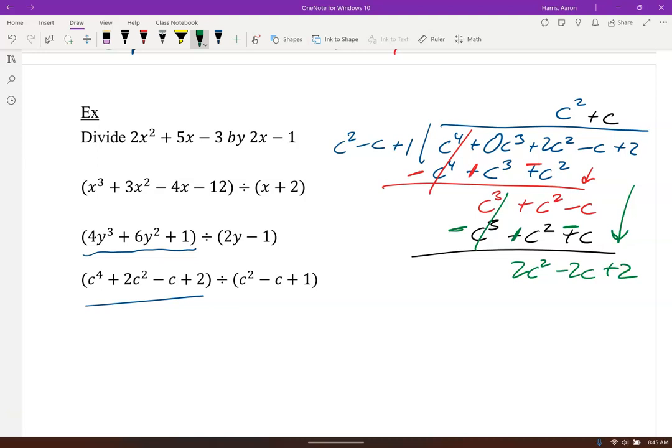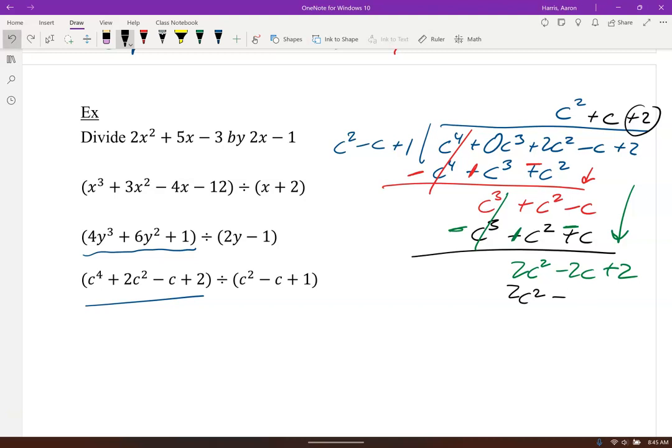Now we're matching 2c squared. So it's what times c squared gives me 2c squared? You should say 2. Multiply through. 2 times c squared, 2c squared. 2 times negative c, negative 2c.